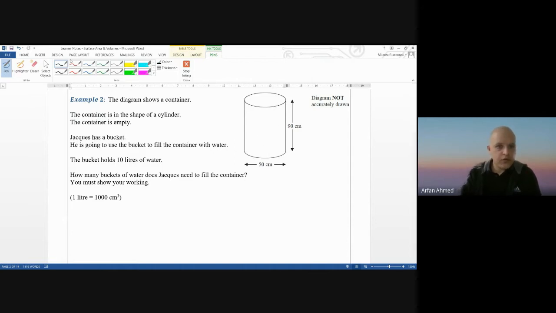So again, your cross section is going to be that bit there, which is a circle. So let's do pi r squared. So it's going to be pi times, well, 50 is going to be the diameter, so the radius is going to be half of that, which is 25 squared.